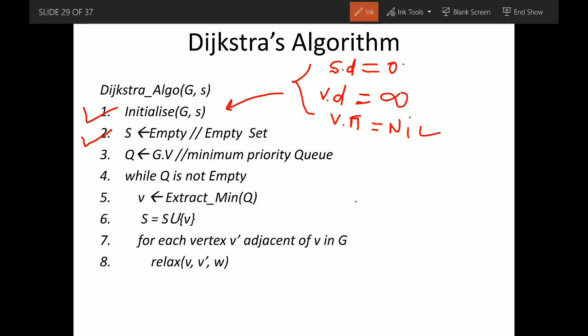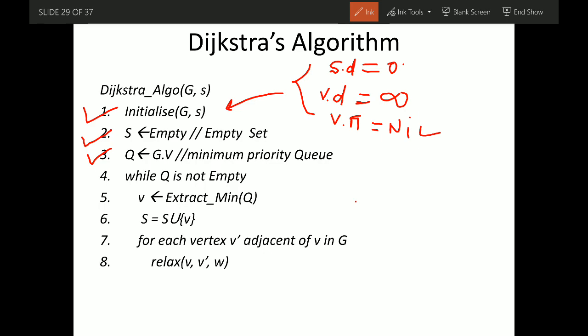Third step, since we want to use the vertex that has the minimum shortest path estimate for further processing, we maintain a priority queue. Using the priority queue, we delete or pop the particular vertex which has the minimum shortest path estimate. For this implementation, we are using a minimum priority queue.